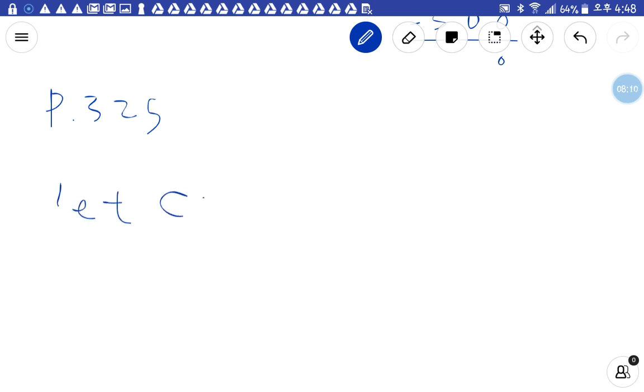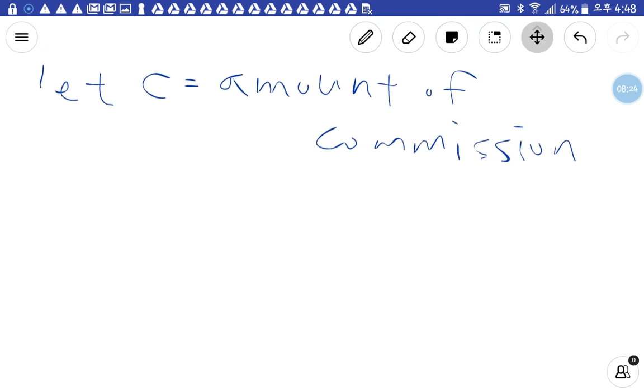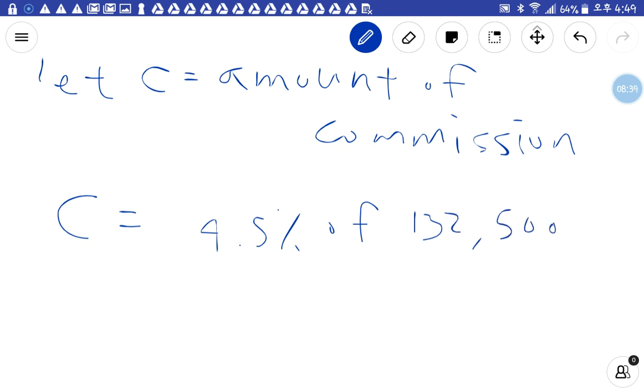Let's use the letter C as the amount of commission. Then I can set up my equation like this: C equals 4.5% of $132,500.